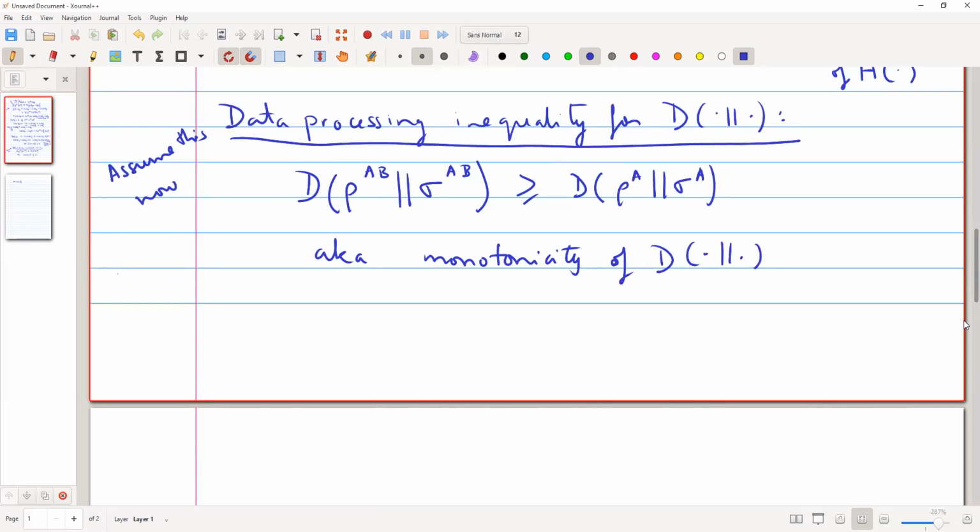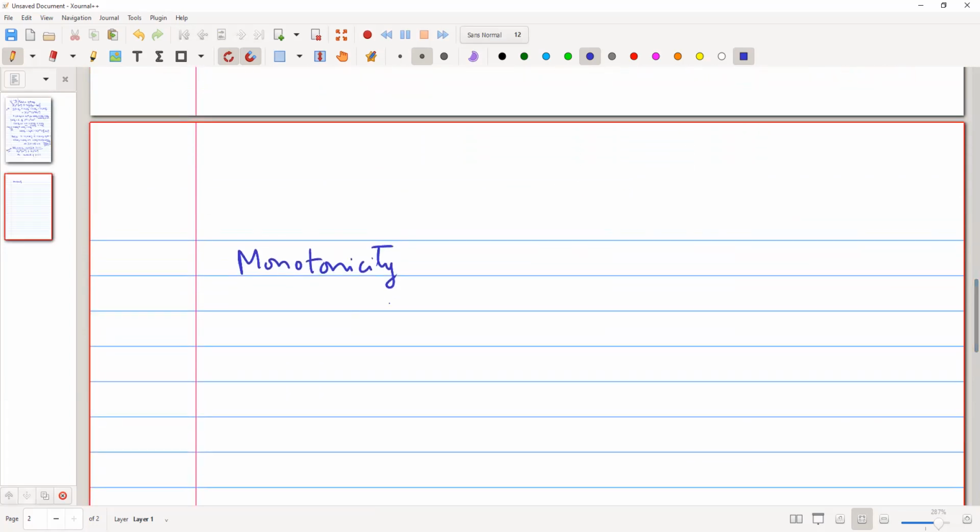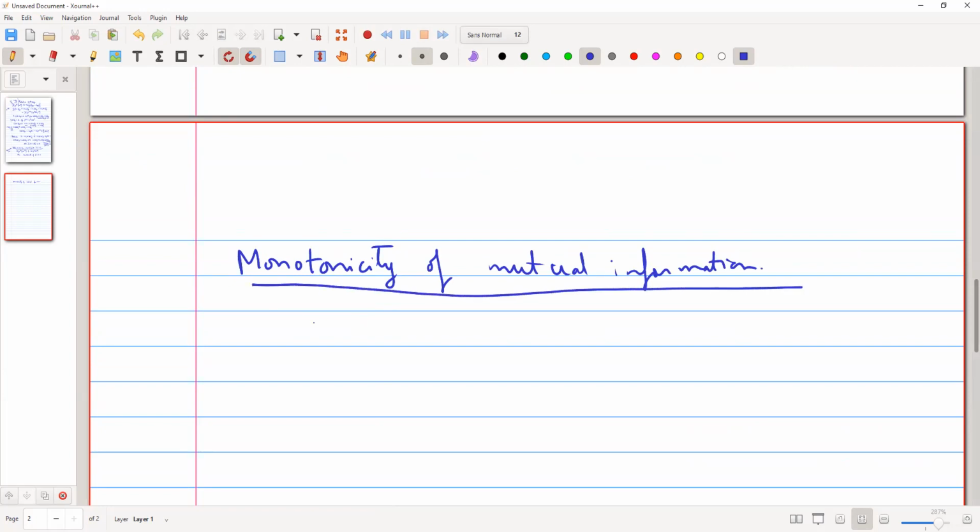So it's monotone in the registers. Reduce the registers, relative entropy reduces. So I have monotonicity of mutual information, which is again familiar to us. Let's say I take the information between A on one side and BC on the other side.